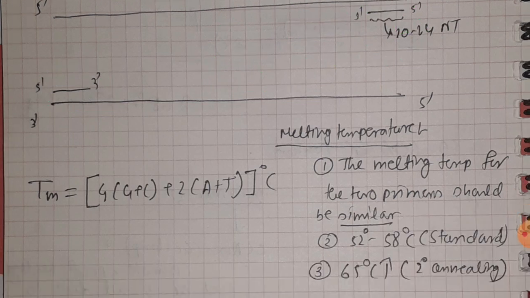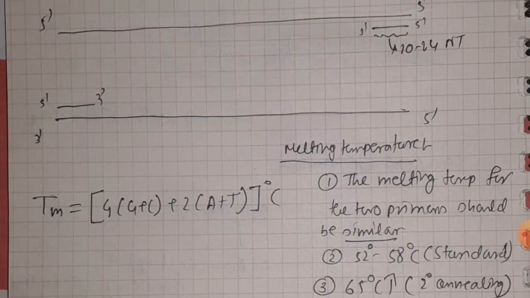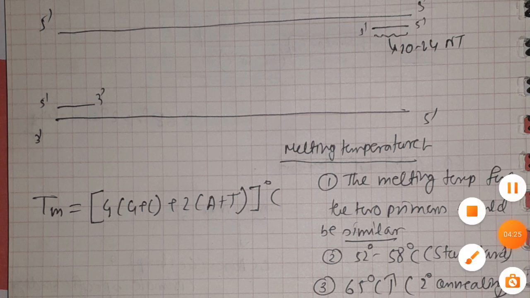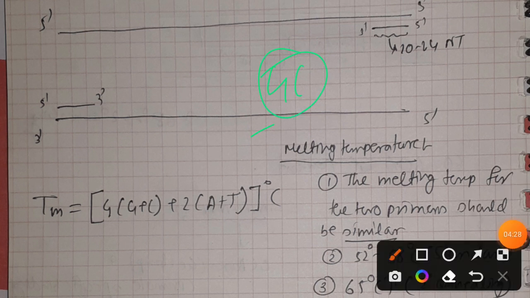So what should that melting temperature be, and how can we determine it? The first important thing I want to tell you is that melting temperature highly depends on the GC content. Okay, and there is a formula for determining the Tm value of a roughly 15 to 20 nucleotide double stranded DNA, that is this one: 4 into (G plus C) plus 2 into (A plus T) degrees centigrade.